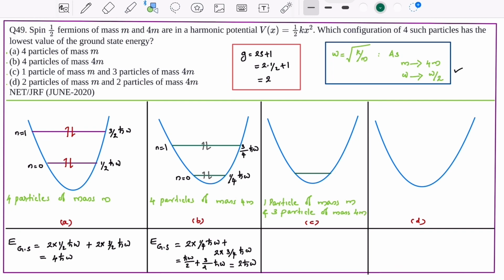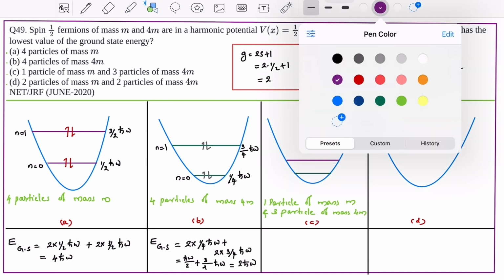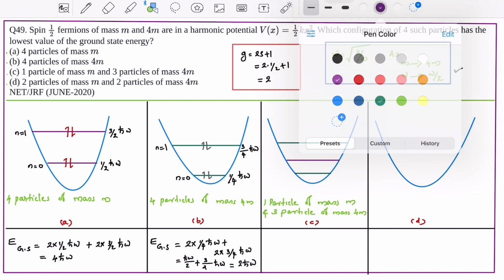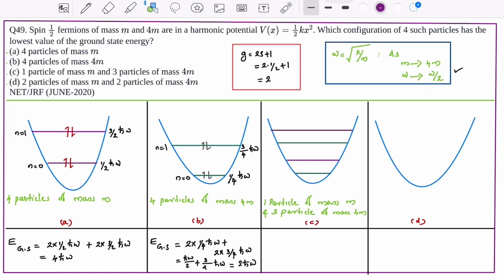Now out of the 3 particles, 2 particles will have the energy 1 by 4 h cross omega, and the remaining 1 particle has the energy 3 by 4 h cross omega. So you have the energy level diagram, which is shown in column C. Now let us write the values of energy: 1 by 4 h cross omega, 1 by 2 h cross omega, then 3 by 4 h cross omega, and then again 3 by 2 h cross omega.